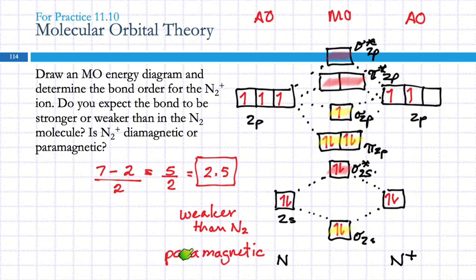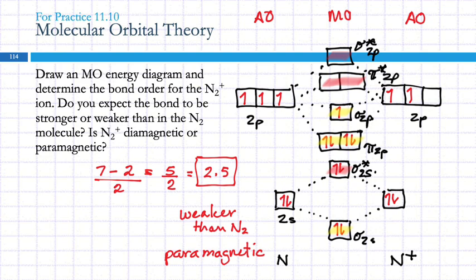So these are the sorts of questions that you could have on an exam. I would give you this diagram without the electrons filled in, and I'd say, maybe O2 plus. What's the bond order? Is it diamagnetic or paramagnetic? How do you do that? Well, you look at that ion or molecule, figure out how many valence electrons are there.